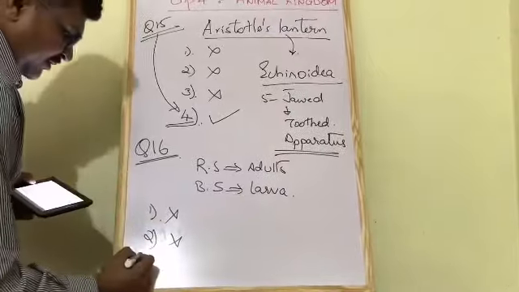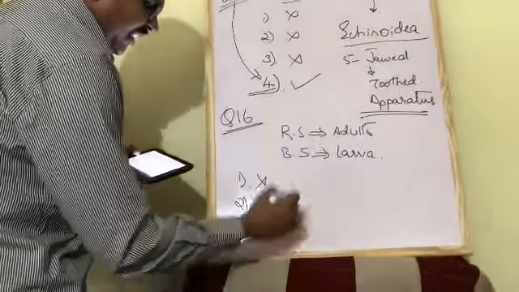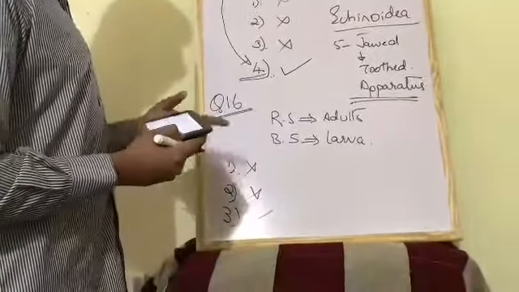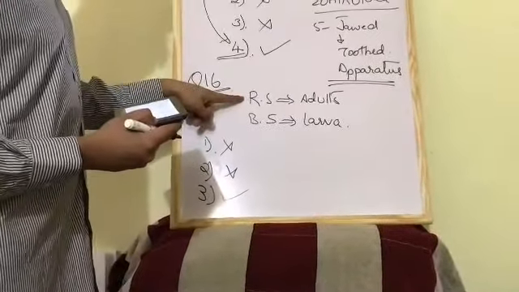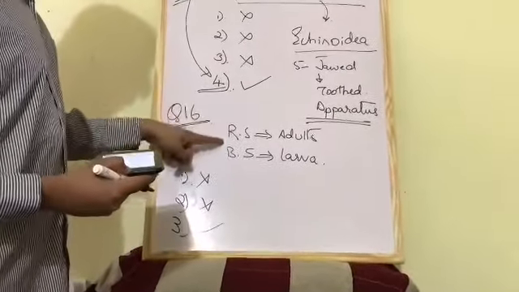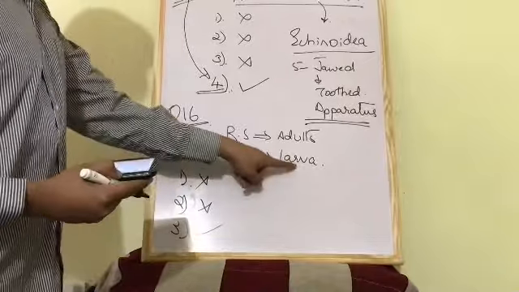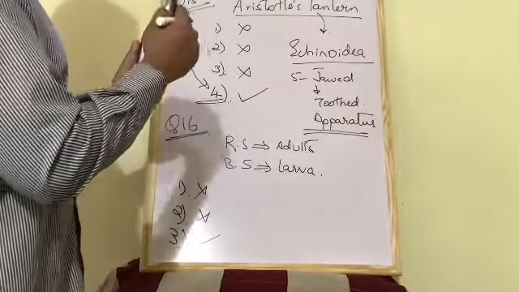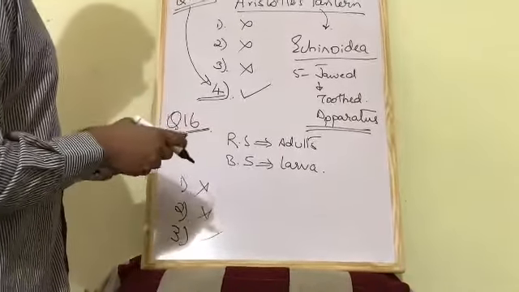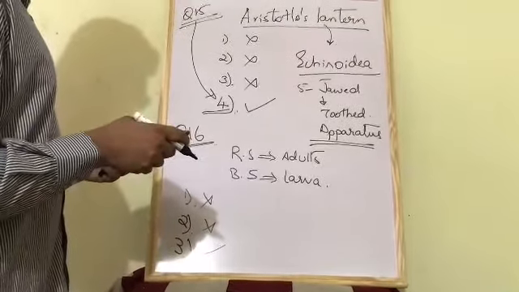Next comes option number 3, and option number 3, Echinodermata, is correct because Echinodermata adult is radially symmetrical, for example starfish, and bilaterally symmetrical larva is present in the echinoderms. That is the reason option number 3 is correct.